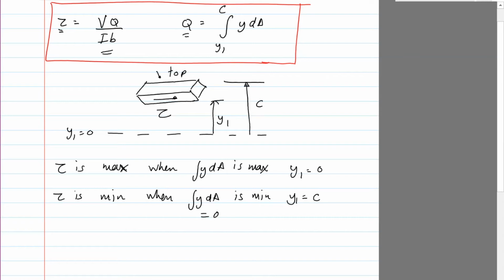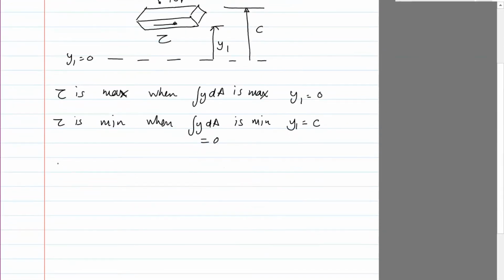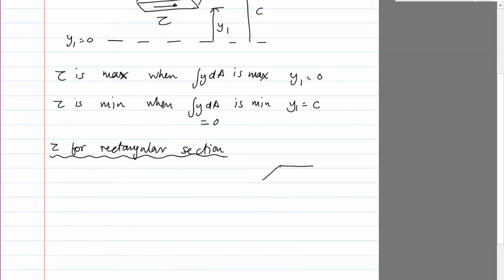Because of the formula VQ divided by Ib, different cross sections would have different shear stresses for the same V, depending on Q, I, and b. So let's talk about tau for a rectangular cross section, because that's the most common section used in design of beams. I've again drawn the small element I showed earlier.